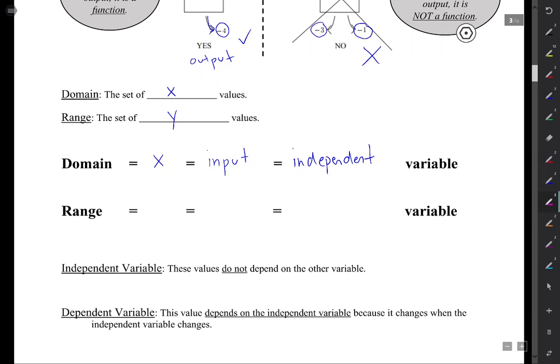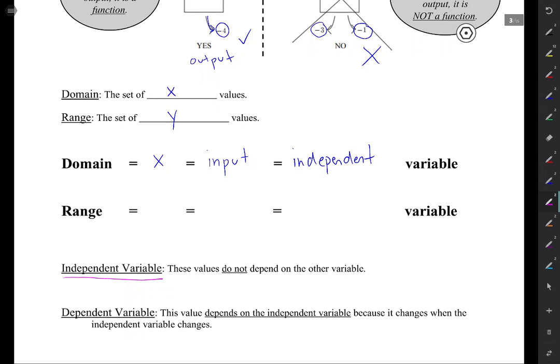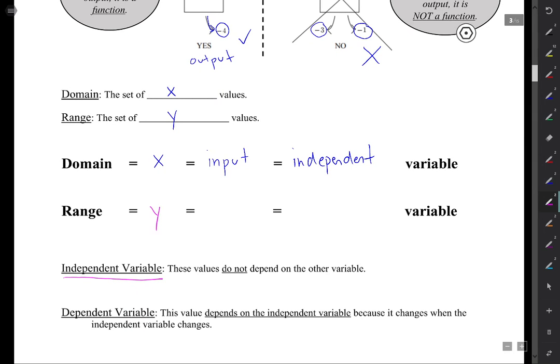Now, just below here describes what an independent variable is. So it says these values do not depend on the other variable. So they're independent, they don't depend on anything else. Now let's look at range. So if domain is equal to x, then range is equal to y, which is equal to the output.